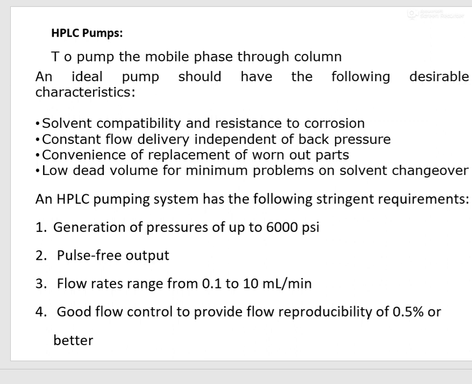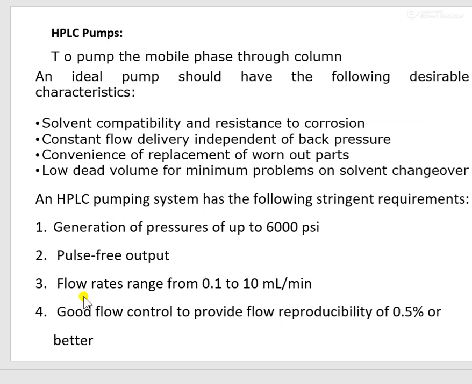So pulse free output means the baseline should be straight and there should not be generation of pulse. In our next subsequent slide, we will see how pulses are generated when the pump is operated, so you will have a better idea.